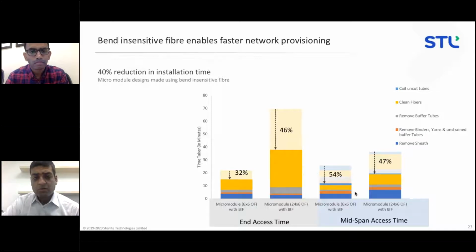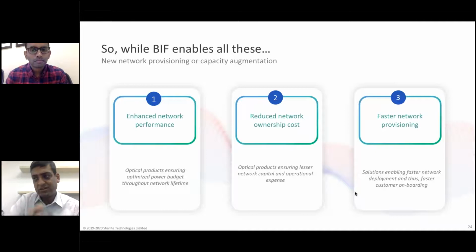So now, let's just take a step back. What we have talked about so far are the advantages of bend-insensitive fiber. We have demonstrated how the network performance increases quite significantly when we consider the power budget when using bend-insensitive fiber as opposed to standard single mode.